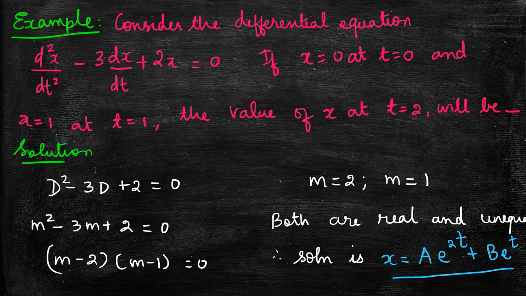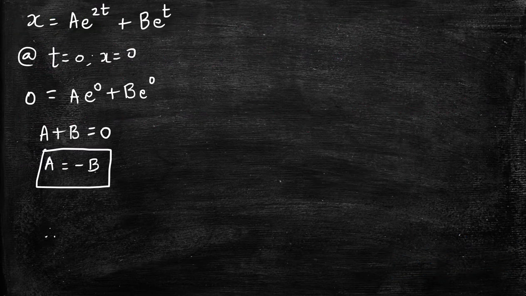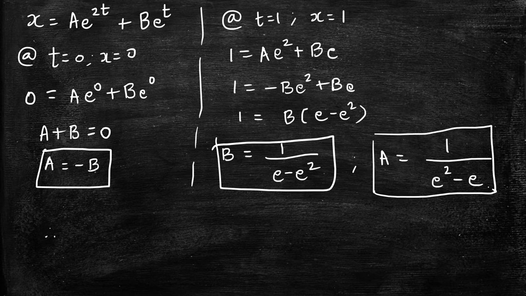So the solution will be x is equal to a e power 2t plus b e power t, which is the type 1. And now, according to boundary conditions, t is equal to 0 and x is equal to 0. So on substituting that, I get a plus b equal to 0 or a is equal to minus b. And the second condition was at t is equal to 1, x is equal to 1. So on substituting that, I get my b, and similarly I can write my a term.